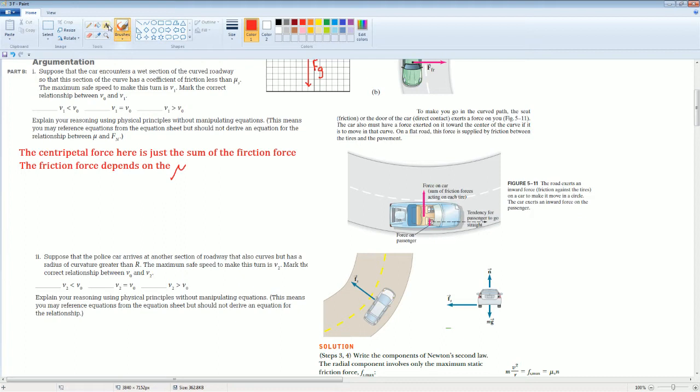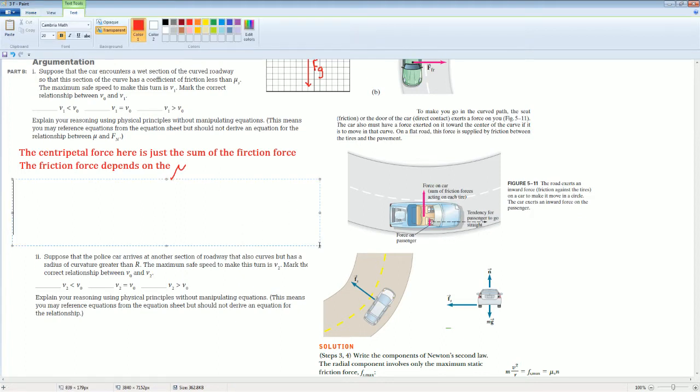And we know that if the mu is smaller, then the centripetal force is smaller, so the v is smaller as a result.